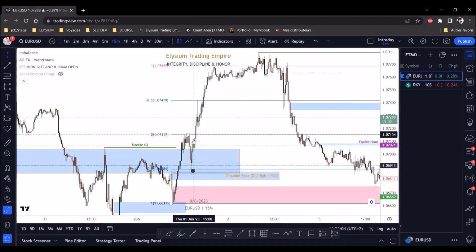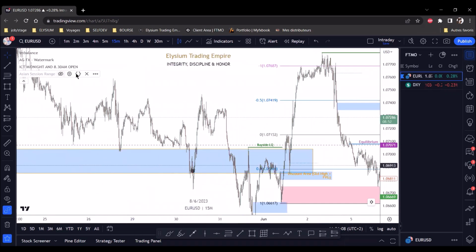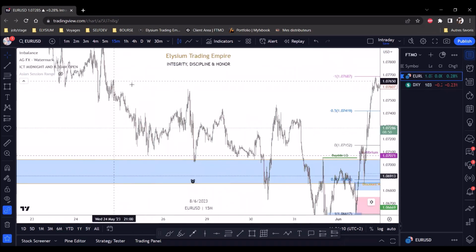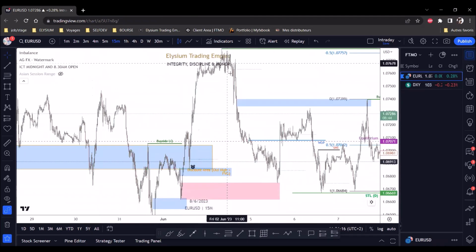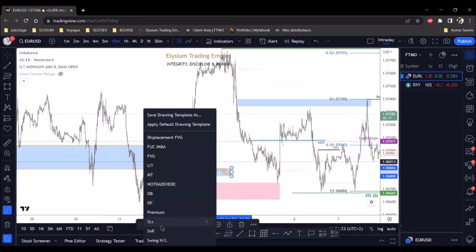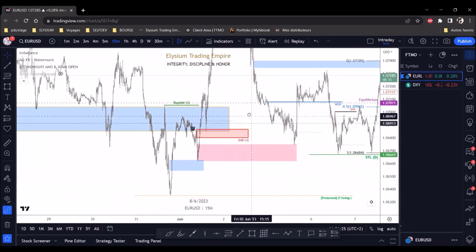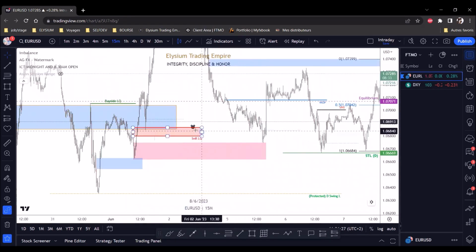Okay, and then we break the structure. We take the liquidity, the trend line liquidity, which was there. And after that, this low becomes support and resistance liquidity.